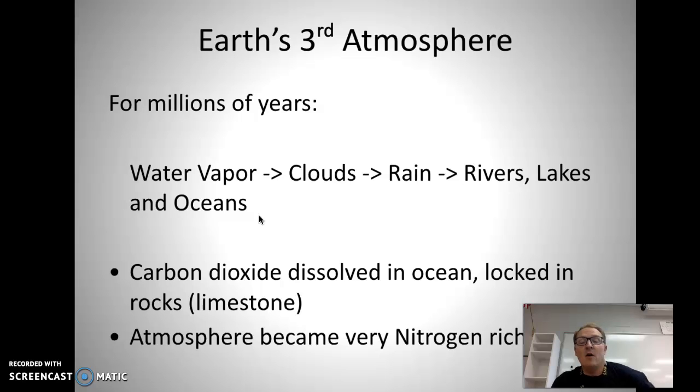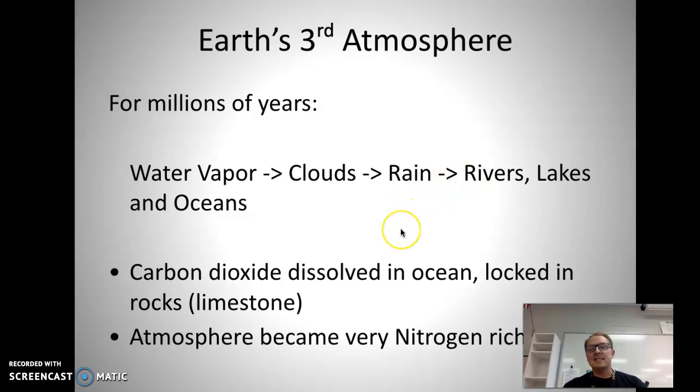And if you have water on the surface of the earth in the form of rivers, lakes, and oceans, that water evaporates, goes up in the form of water vapor, and forms clouds and rain, and the rain falls into the rivers, lakes, and the oceans. And this became a repetitive process or a feedback loop that happened over and over and over again and is still happening today as part of our water cycle.